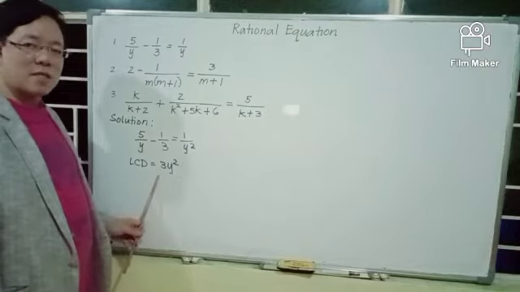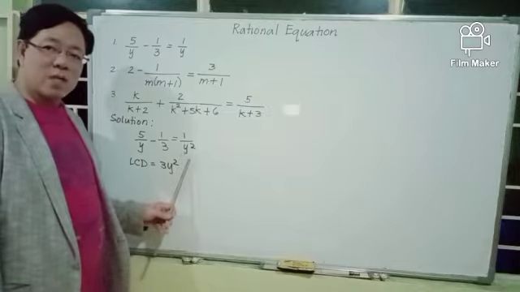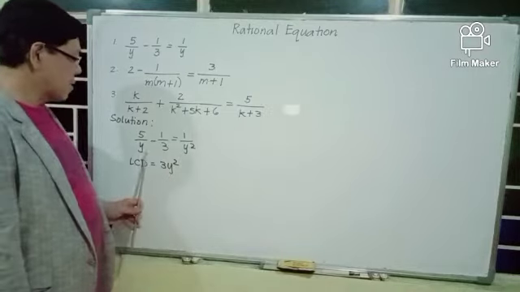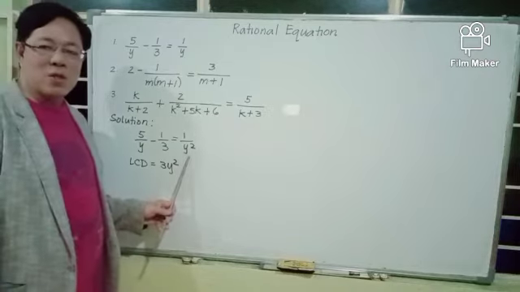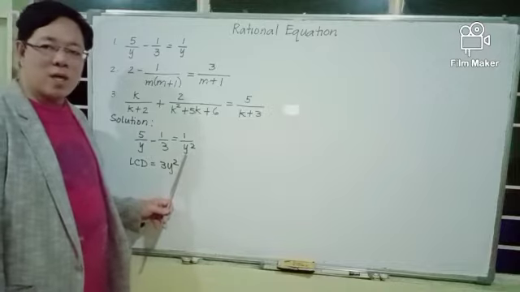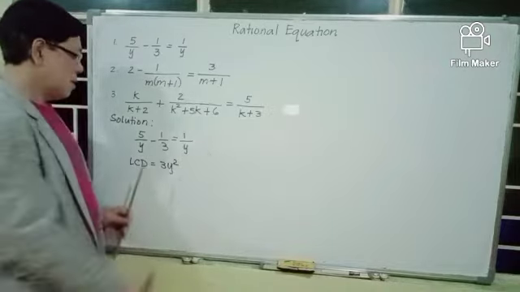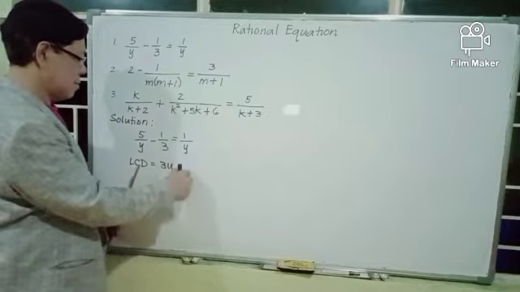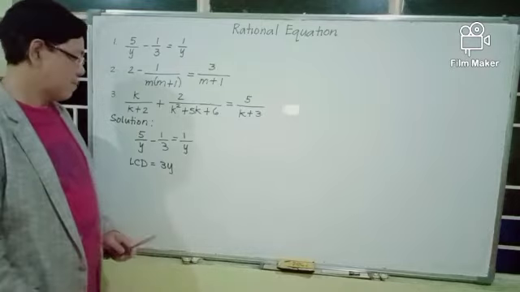And this is the LCD, because y squared can be divided by y squared, 1, and y squared can be divided by y. But we go back to the original given rational equation. The exponent of y here is 1.